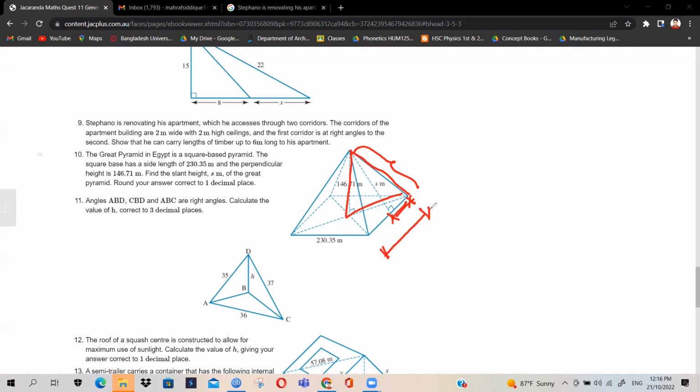You are thinking in a difficult way. See, it's 230.35 meters, the whole of it. Now this is half of this side, so that would be 230.35 upon 2. Understand my point?